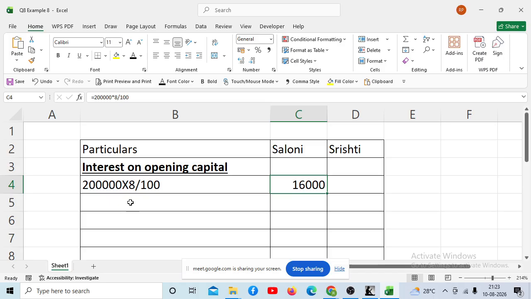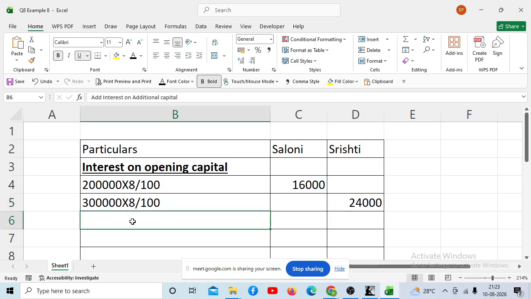Okay, and Srishti has introduced 3 lakh. So on 3 lakh calculate 8% and tell me the answer. 24,000. Okay, so this is interest on opening capital.